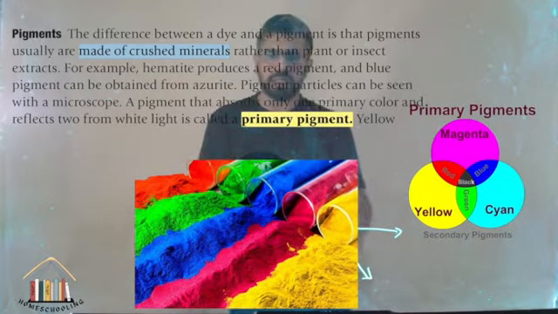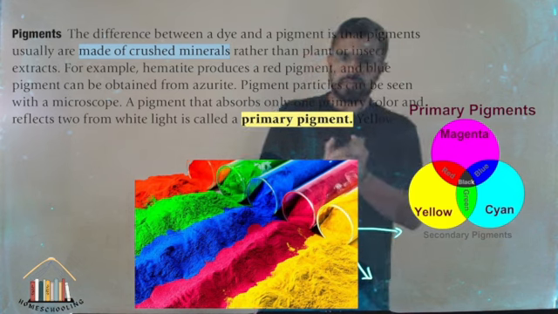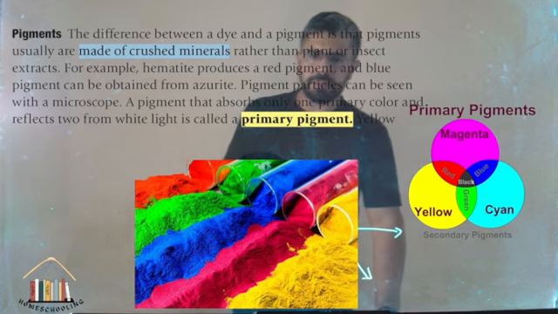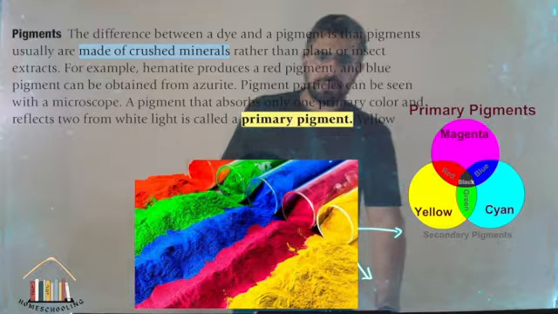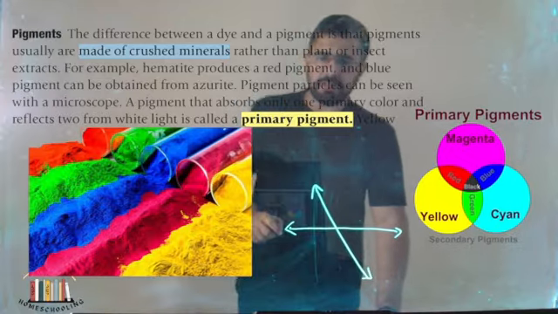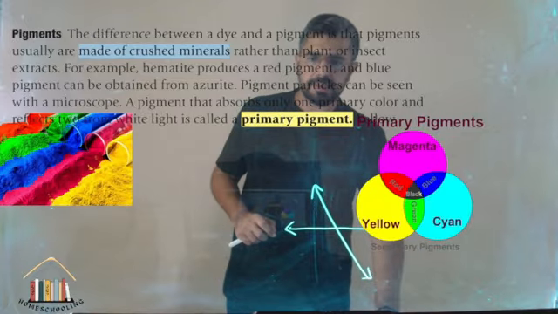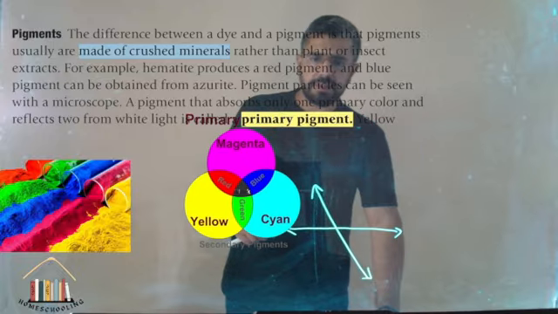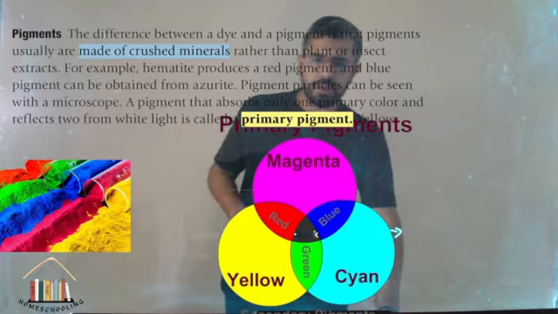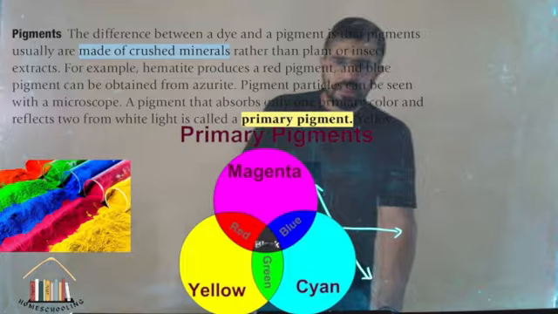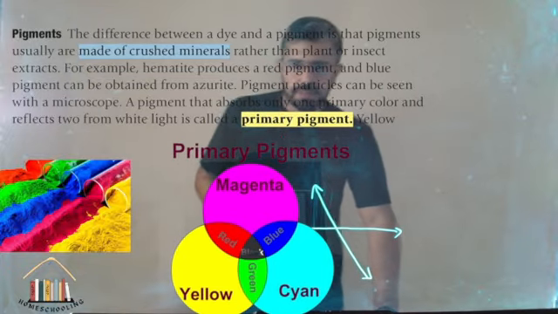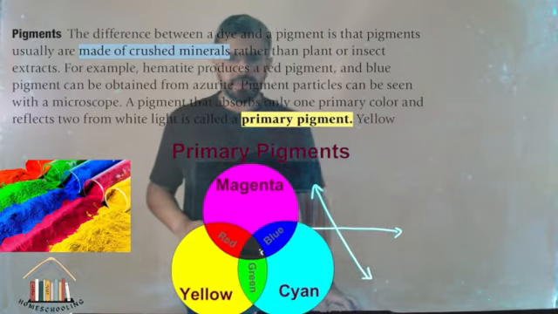It's about crushed minerals. That's why we see it as powder. So it's important to discuss here the pigments. Let's magnify this one. It's interesting to discuss here the primary pigments.